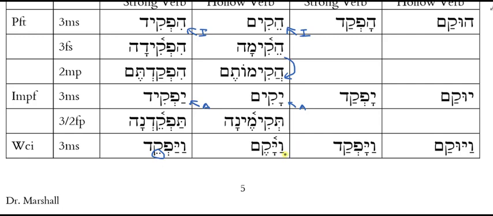Over here, I have vayakem. It would have been vayakem with a serre, but my stress retracted. It went to the prefix consonant, just as we saw a little earlier in the cal imperfect of hollow verbs. And so my serre has become a sigol because this is closed and unaccented. Vayakem.